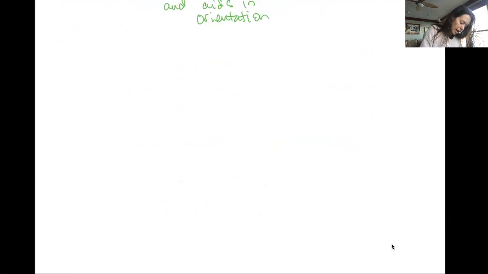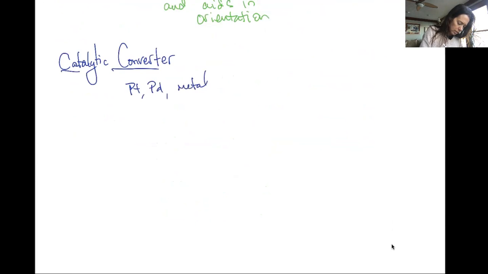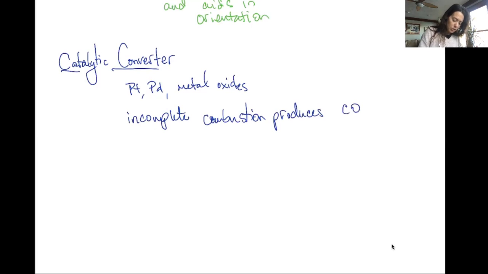A real life example of that is a catalytic converter, which is in your car. It's made up of different metals, maybe platinum, palladium, metal oxides, copper oxides, chromium oxides, and they adsorb. I'm horrible with that. They adsorb the carbon. We have a combustion, and in the catalytic converter we have what we call incomplete combustion, and that produces CO, carbon monoxide. Dangerous.